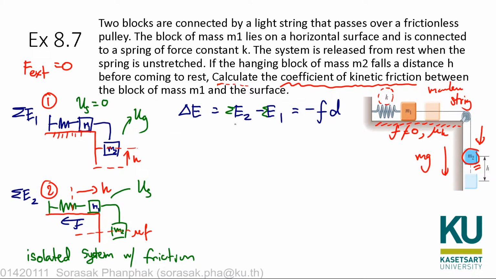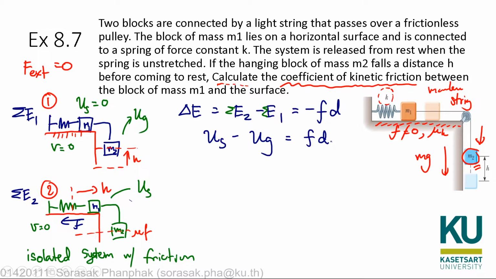What is happening here happens at rest, so there's no velocity involved in these two states. So your delta E is your elastic potential energy, Us in system 2, minus Ug in system 1, which equals f d.